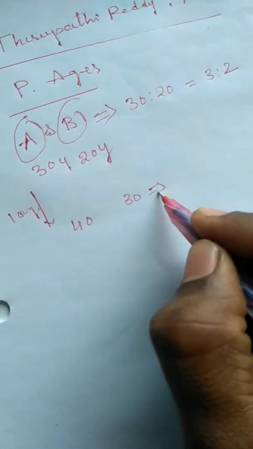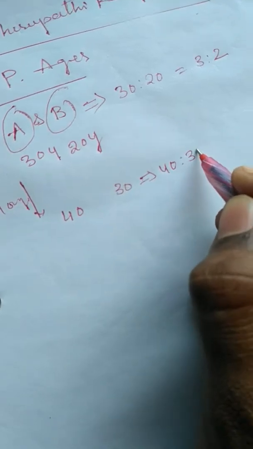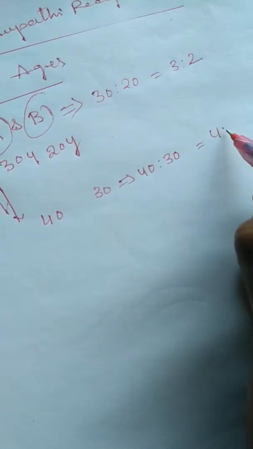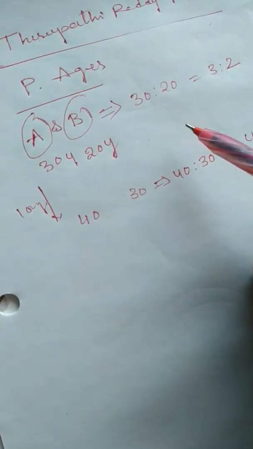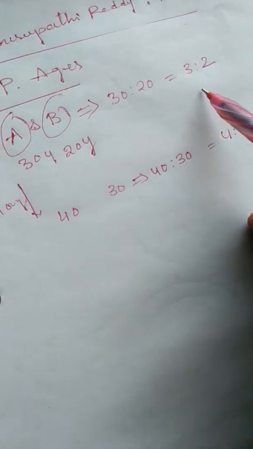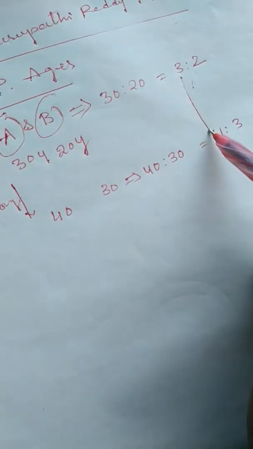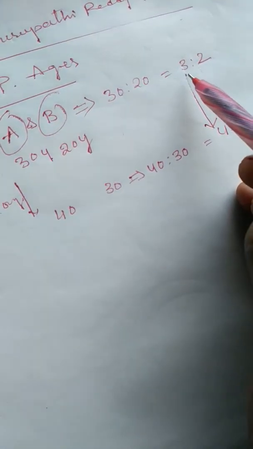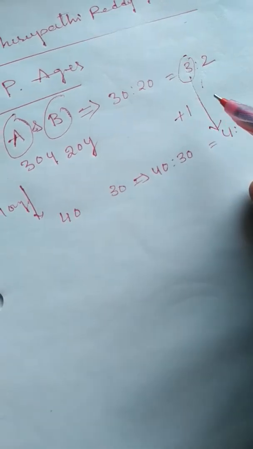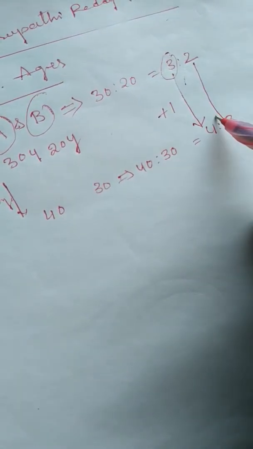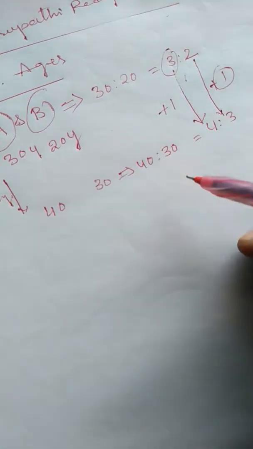But now after 10 years, 40 to 30 is 4 to 3. Going forward 10 years, the parts change sequentially. Three parts changes to four parts, one part changes, and here also one part changes.